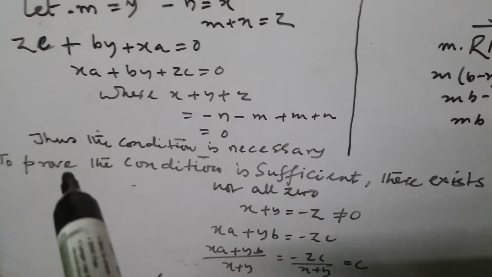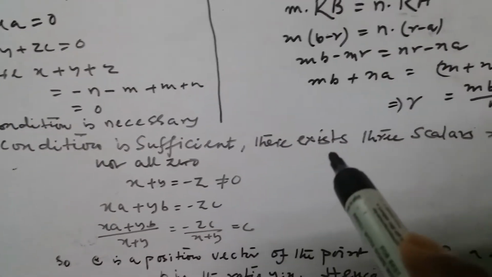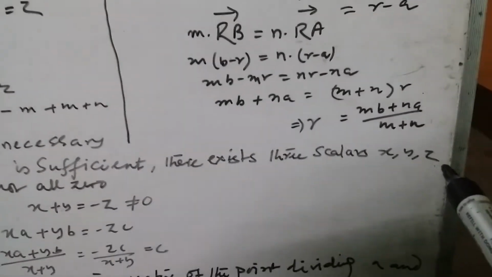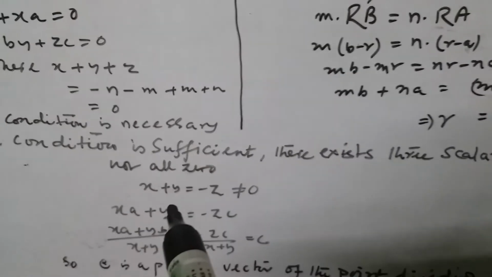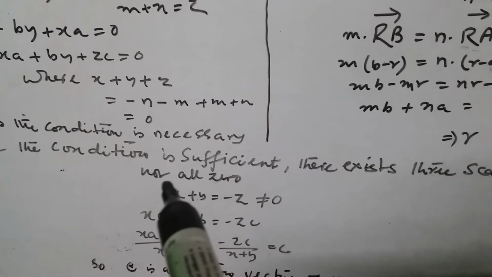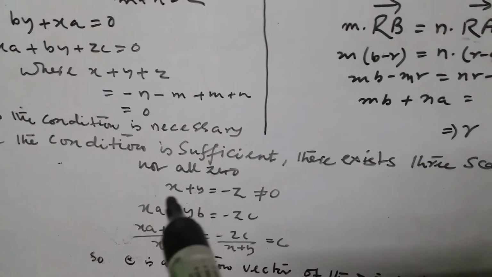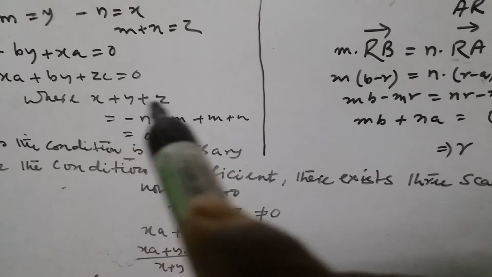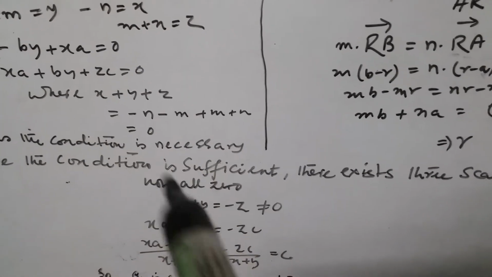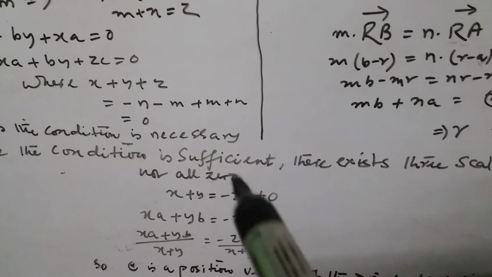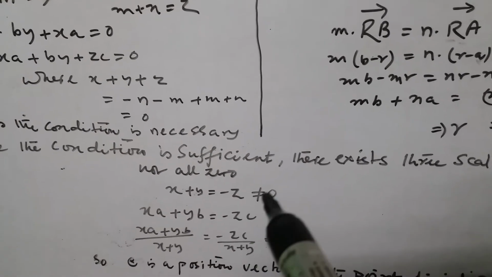To prove that the condition is sufficient, there exist scalars x, y, z such that they are not all 0. It means x plus y plus z equal to 0. So x plus y equal to minus z, you think that minus z is not equal to 0.